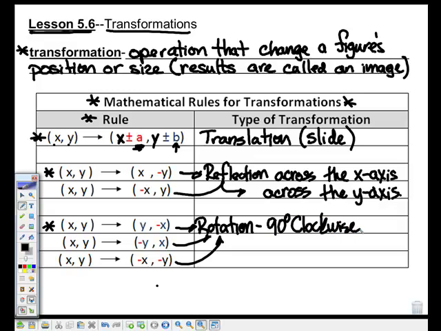The next one gives you a rotation of 90 degrees counterclockwise, meaning the opposite direction that the hands on a clock move. And the bottom one gives you a 180 degree rotation, and you don't have to actually determine whether it's clockwise or counterclockwise. They result in the same thing.